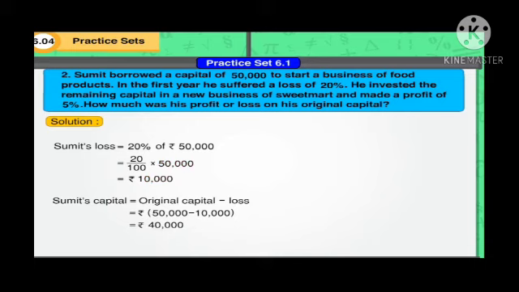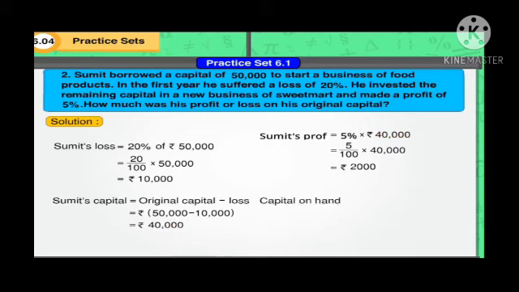Sumit started his new business with this 40,000 where he got 5% profit. So Sumit's profit is equal to 5% of rupees 40,000. 5% is 5 upon 100 into 40,000, that is rupees 2,000. Now let's see capital on hand, which is equal to rupees 40,000 plus 2,000, that is rupees 42,000.